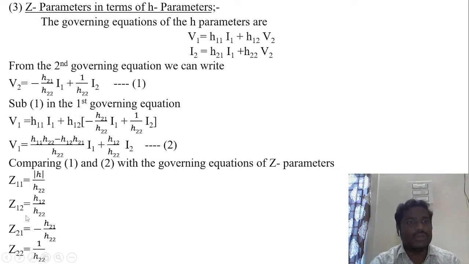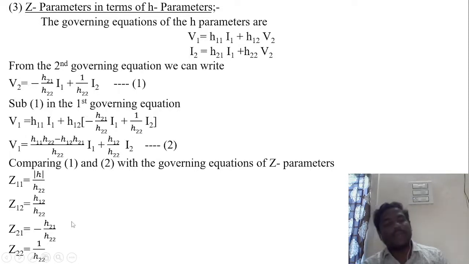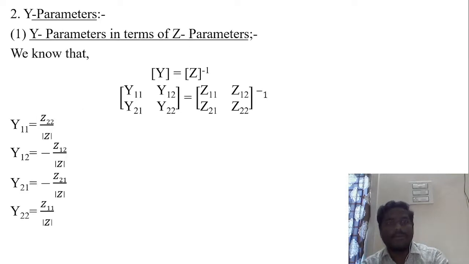Z12 is equal to H12 by H22. Similarly, Z21 is equal to minus H21 by H22, and Z22 is equal to 1 by H22. So these are the Z parameters in terms of the hybrid parameters. That's all.